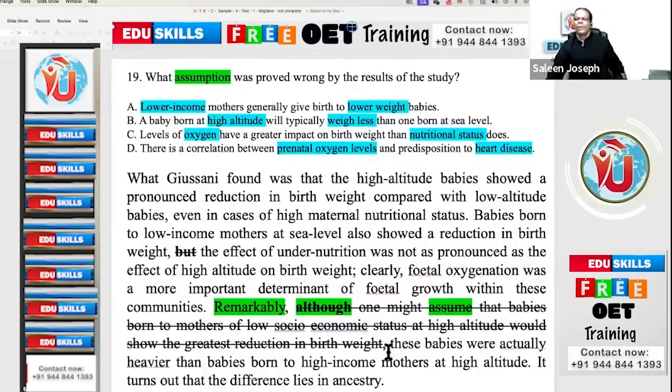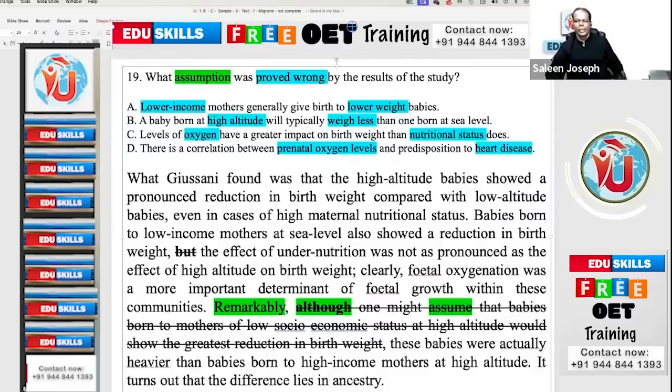They will have lower weight. You may assume. I struck it out. That is in the dependent clause. The answer will never be in the dependent clause. What you are saying now is given in the dependent clause. That is the assumption. Here they are saying the assumption was proved wrong.